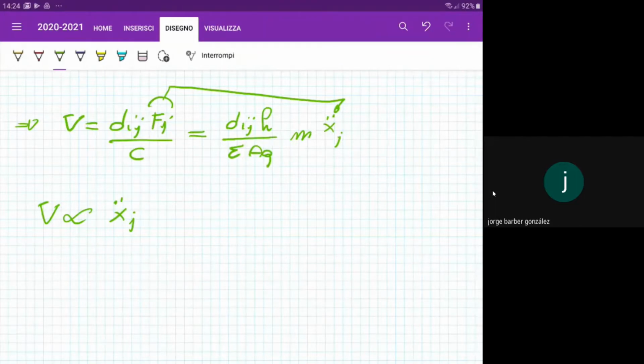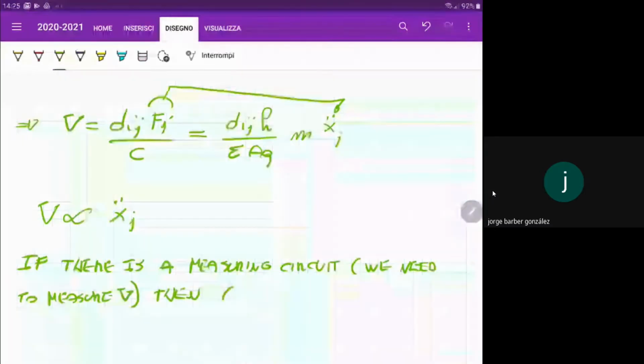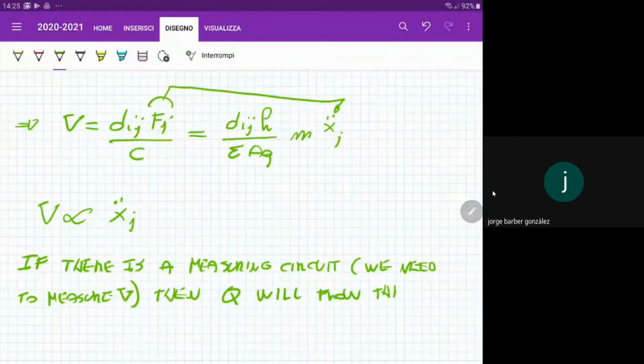Okay, so if we are measuring with a closed circuit, then the charges Q will flow through the measuring circuit.